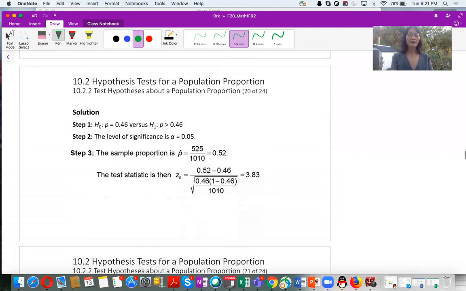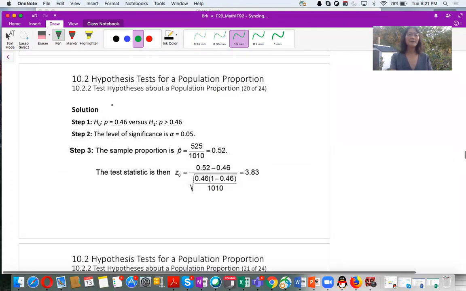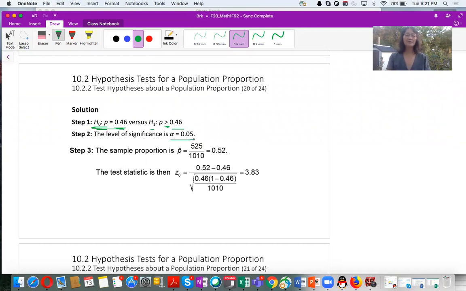Now we do the 5 steps. Step 1, set up the null hypothesis H0. H0 says the population proportion is 0.46. H1 says increased, meaning greater than 0.46. Step 2, significance level, alpha 0.05.